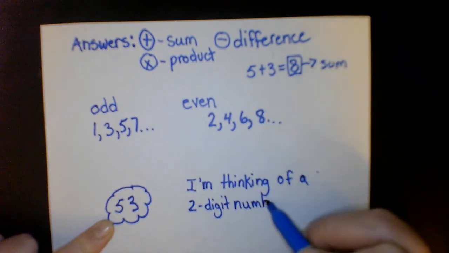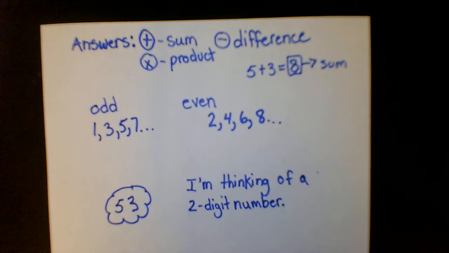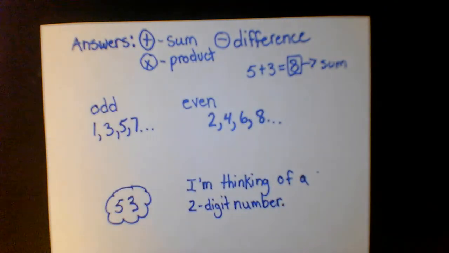So that's my first clue. I could also say something like, I'm thinking of a 2-digit number but greater than 40 but less than 60. I could also do clues like that.